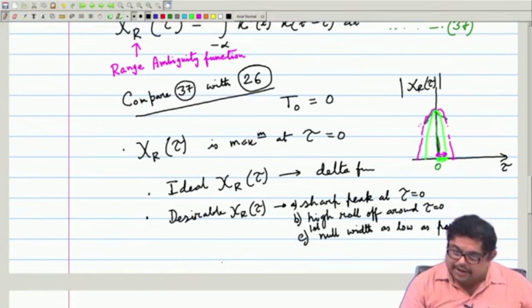So, I can now answer the final question: what is my range resolution?